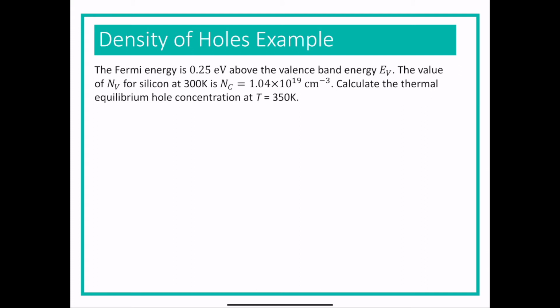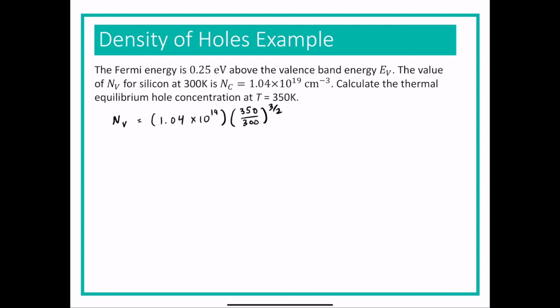We only have tabulated values for 300 K, so we have to adjust the values that we have. The value of N sub V varies with temperature to the 3/2. So in order to adjust this for temperature, we're basically going to take 1.04 times 10 to the 19, and then multiply by the new temperature over the old temperature to the 3/2.